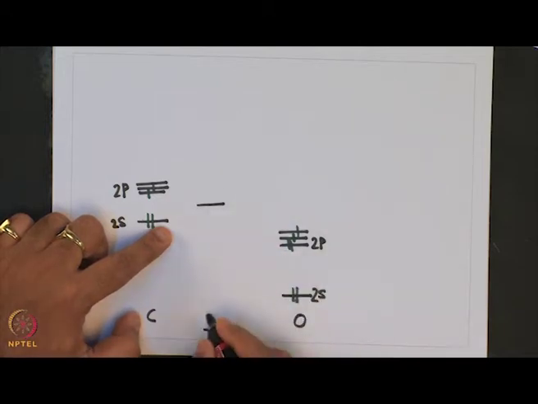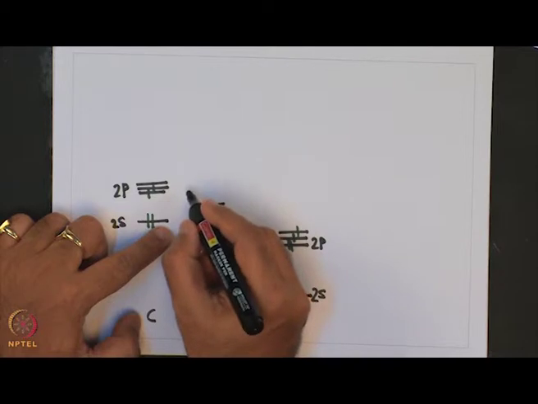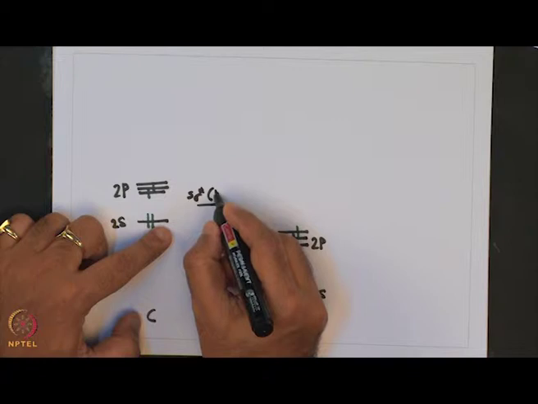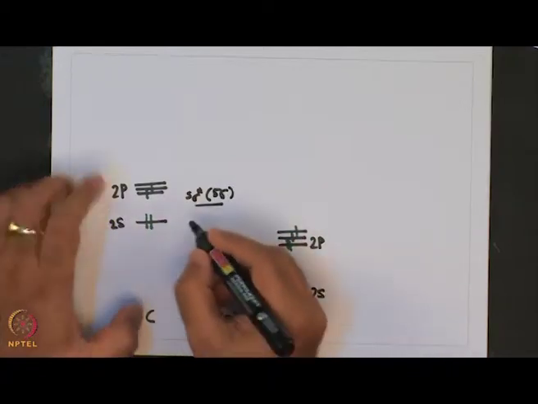So, this is the s sigma or 3 sigma, and this is s sigma star, this is the 5 sigma orbital.